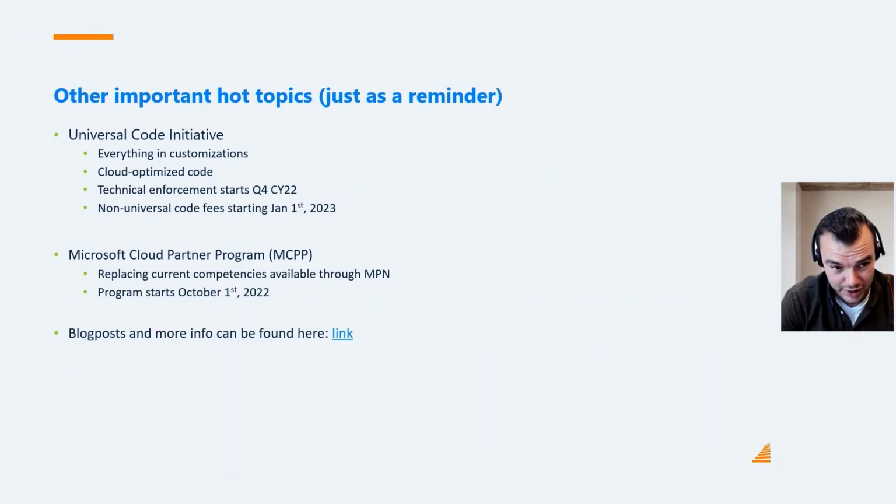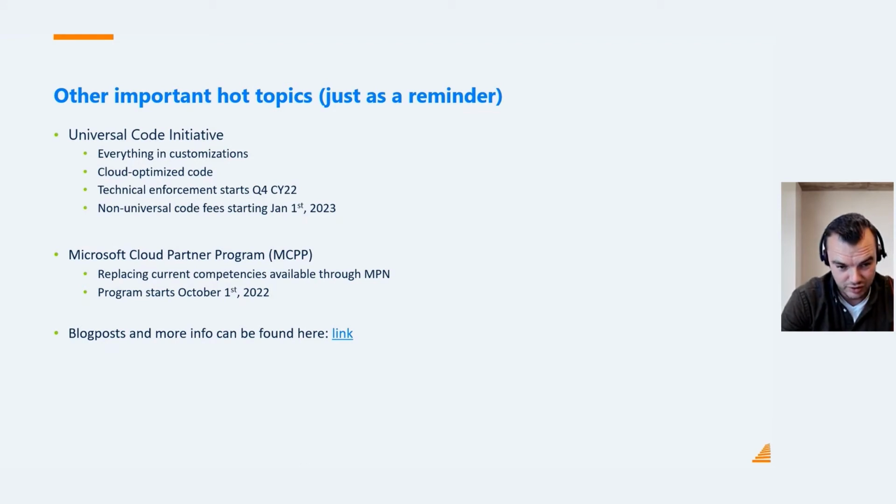Then some other important hot topics, just as a reminder once again, also related to October, or at least this quarter. Of course, Universal Code Initiative, also covered multiple times already. Everything needs to be in customizations and cloud optimized code, because from now on the technical enforcements will start by Microsoft, because they announced that this will be implemented in the fourth quarter of this calendar year.